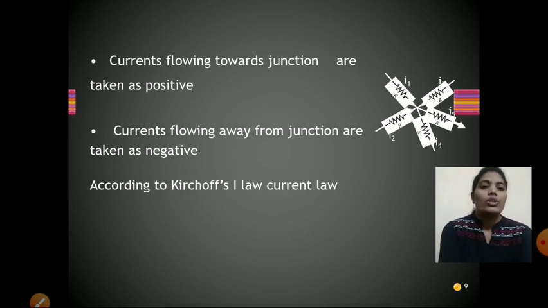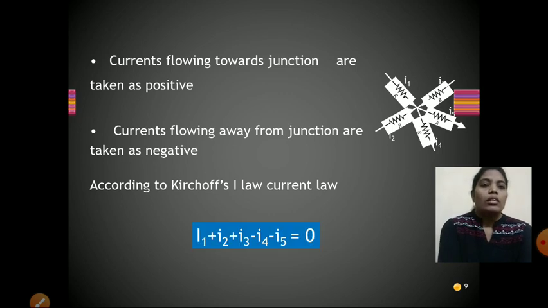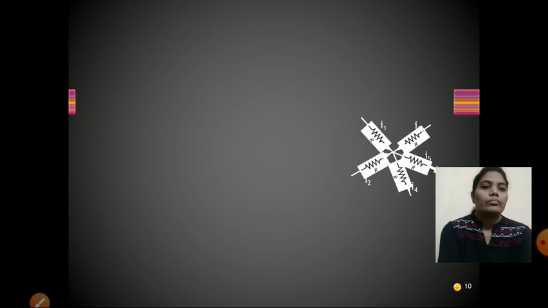So according to Kirchhoff's first law, the current law, as I1, I2 and I3 are flowing towards the junction, they are taken as positive. So I1 plus I2 plus I3 minus I4 minus I5 is equal to 0. This is according to Kirchhoff's first law.